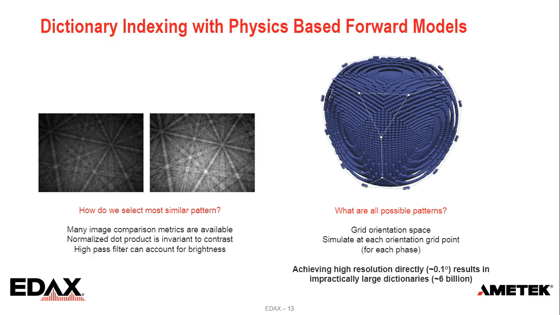And so it turns out that if you do that for a resolution that's on the order of the angular resolution that we can achieve with EBSD, it becomes impractically large. So instead, you have to choose something closer to a degree, and then do a subsequent refinement step to sort of interpolate between the grid points.